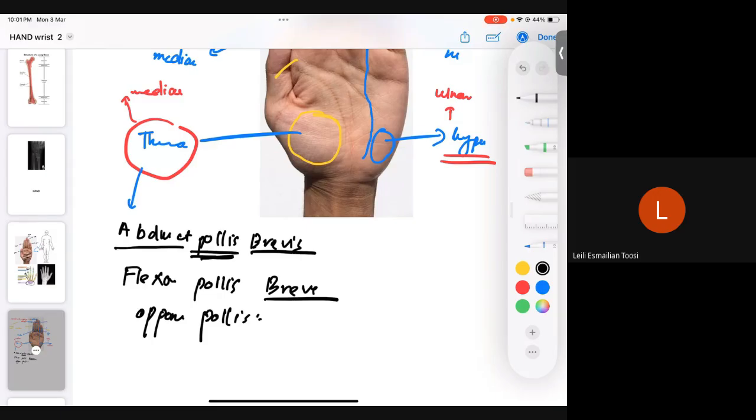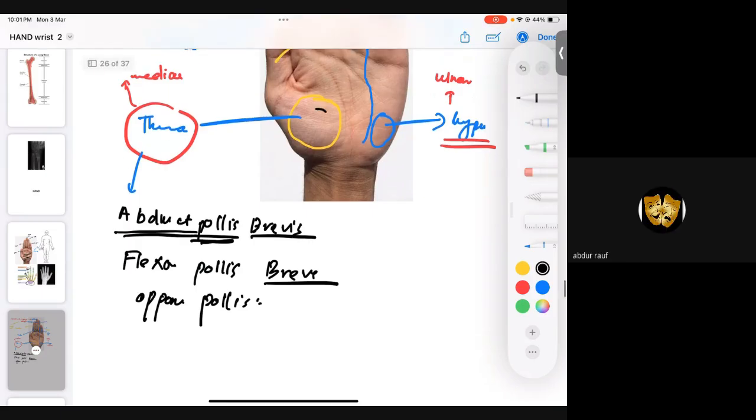So can I say that abductor pollicis brevis is a small muscle which would abduct your thumb? Yes. Okay, and together they form the thenar eminence, right? The protrusion at your thenar area is made by these muscles.